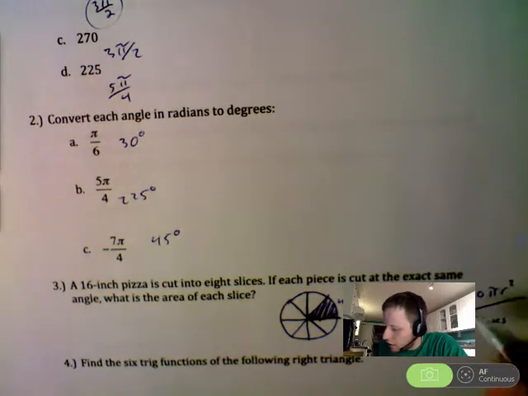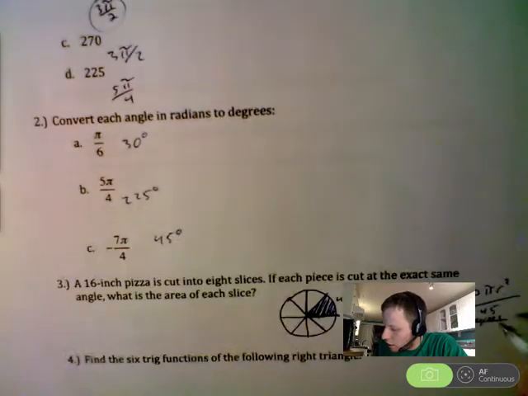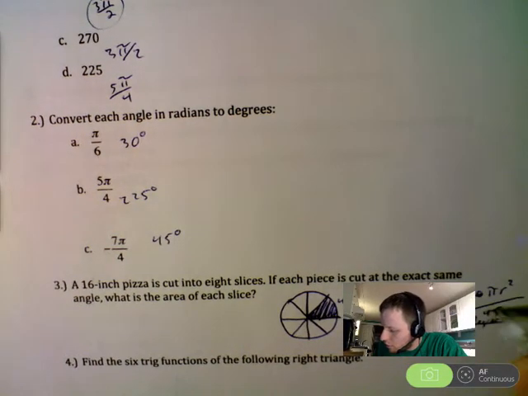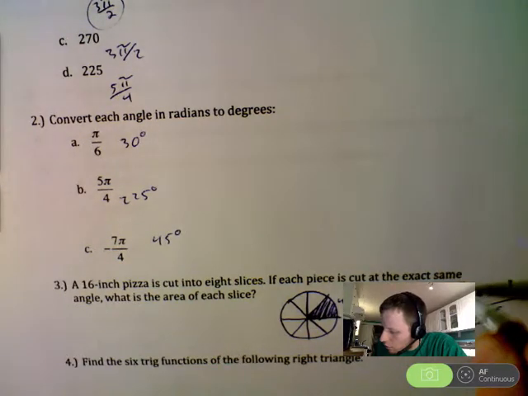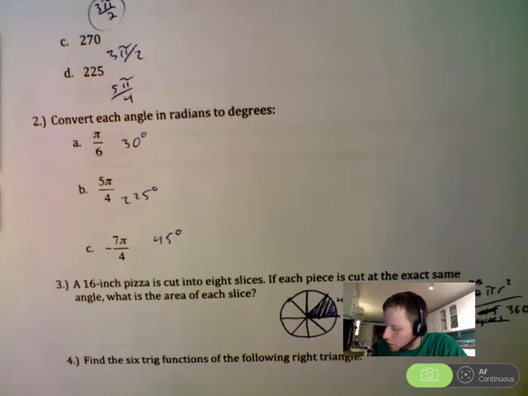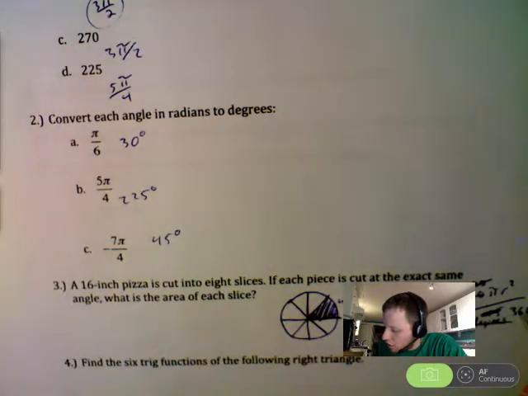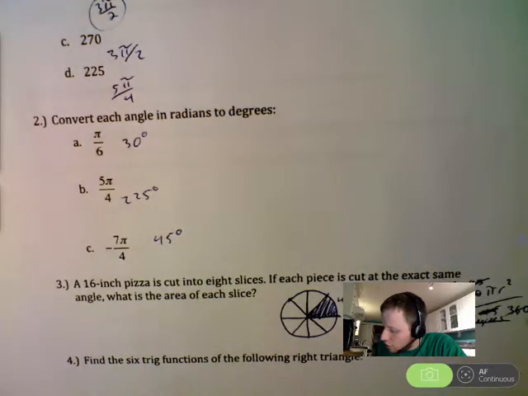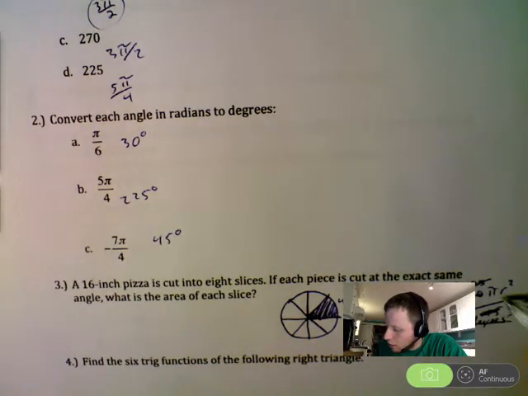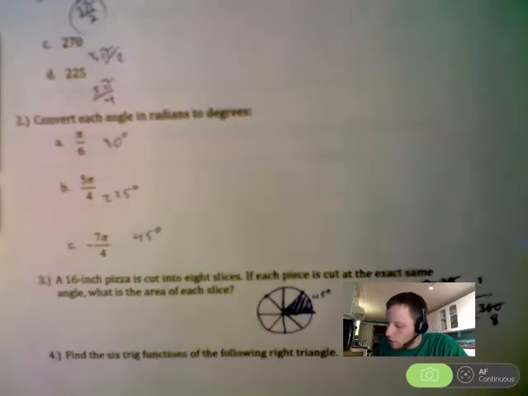Okay, so in this case, it would be over 45, so our degrees would be up here, 360 would be down here. 45 goes into 360 8 times, so it's pi r squared over 8. Okay, so these are the same thing.